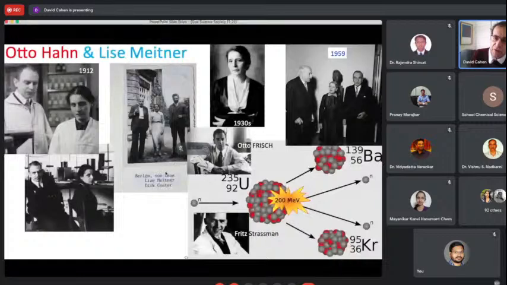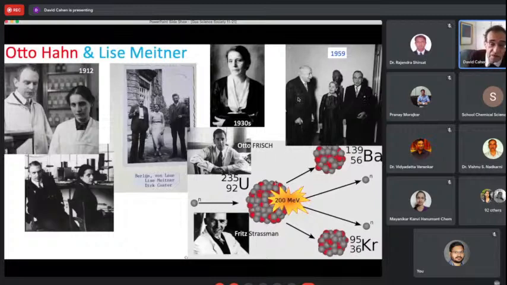Hahn continued to work during the Nazi regime. Meitner re-established relations with him after initially writing a furious letter about his behavior, but never sending it. It was found in her estate. Here she's seen with Hahn and Max von Laue.